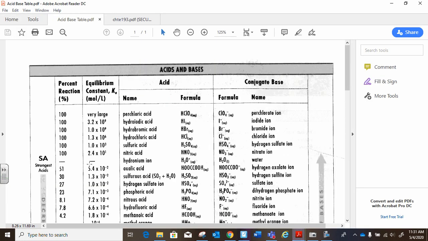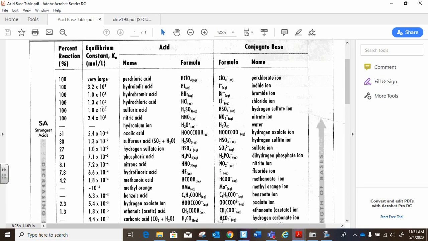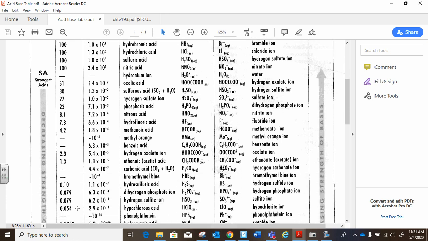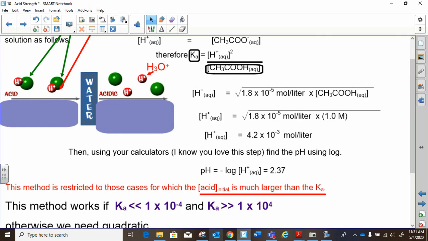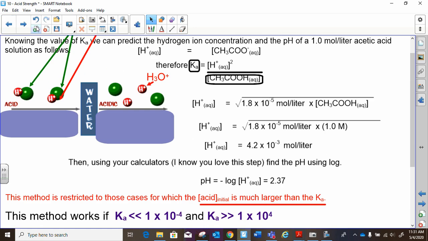And looking at our acid-base table, we'll see here the Kas are very big, much bigger than times 10 to the 4. And here they're very small. Okay, so the only time we might use quadratic is somewhere here in the middle of this table, the 50, the 30, the 27, somewhere in there. Okay, but don't worry about it for now. Just remember I said that.